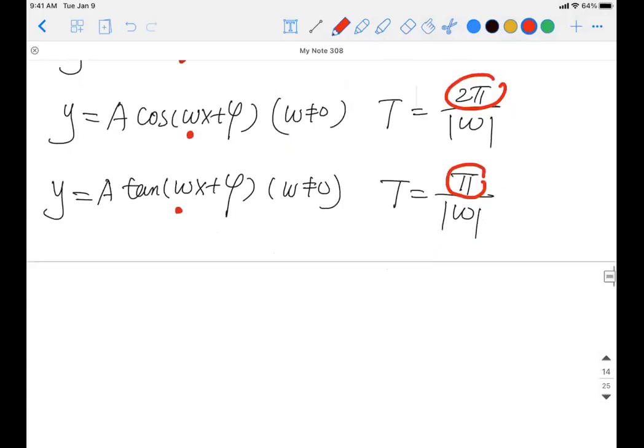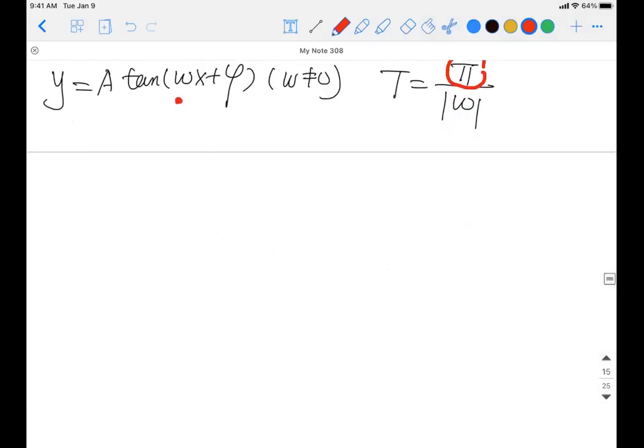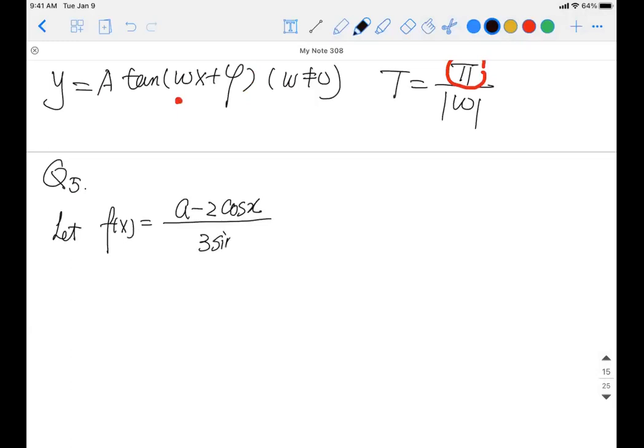Let's go for one problem, basically using the definitions of sine, cosine, and so on and so forth. Let's go for such a question. Q5. We let f(x) equal (a minus 2 cosine x) over (3 sine x).